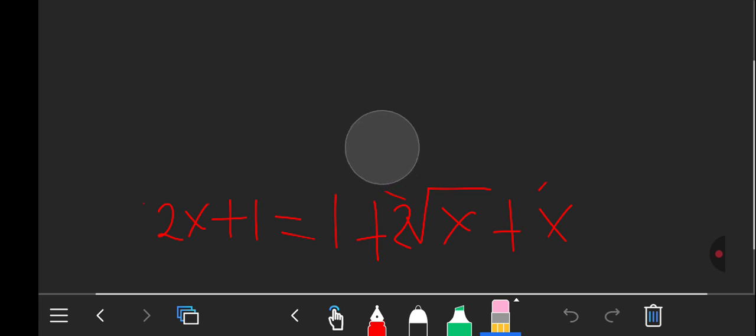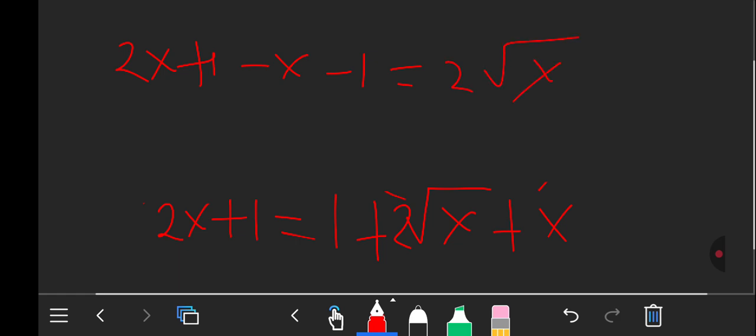Okay, so let's now solve this. We collect everything. We do not have a square root on the left hand side, so 2x plus 1, minus x, minus 1 is equal to, this side now will remain with 2 root of x.